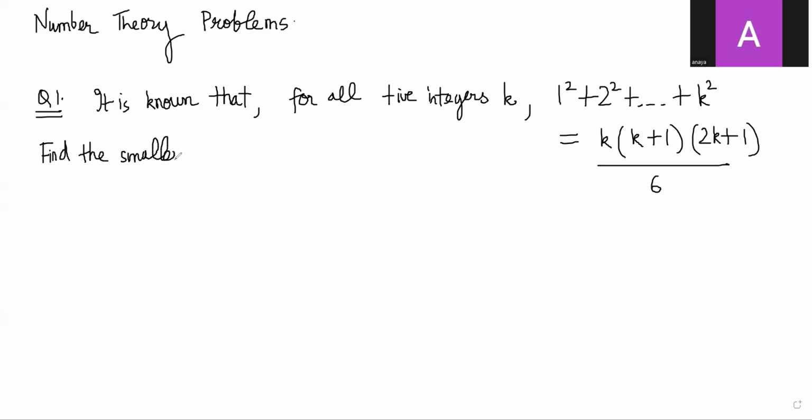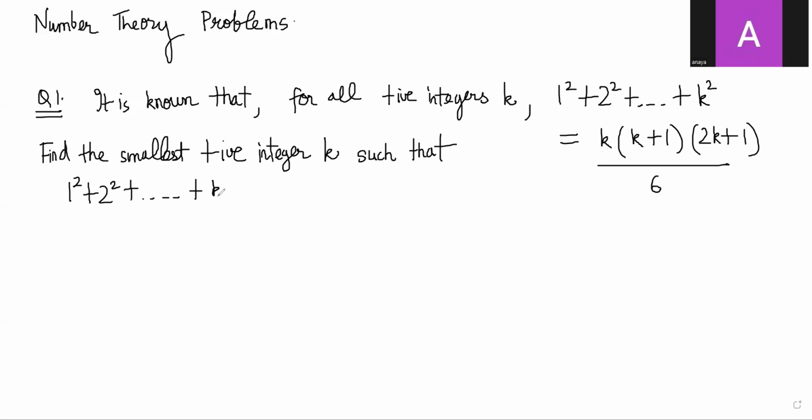Find the smallest positive integer k such that 1 square plus 2 square up to k square is a multiple of 200.